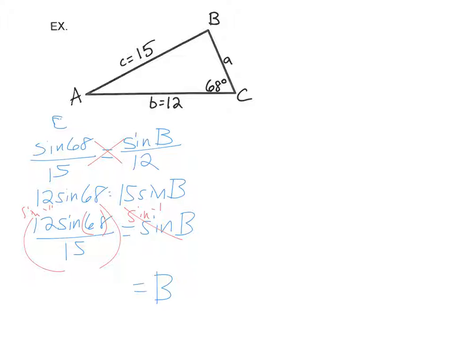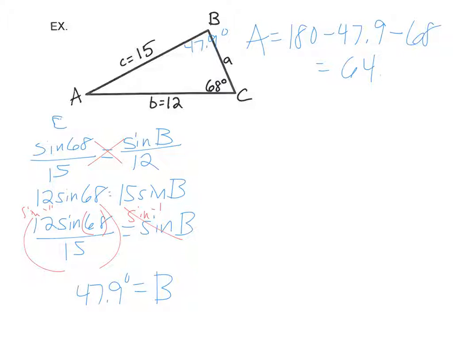And angle B then is 47.9 degrees. Now we can solve for angle A. We can subtract from 180 the two angles that we have. 180 minus 47.9 minus 68 gives us 64.1 degrees for angle A.